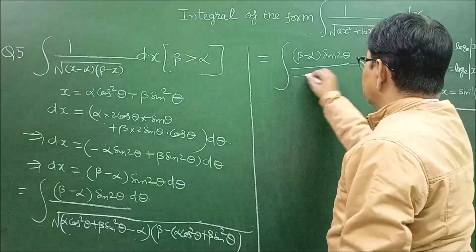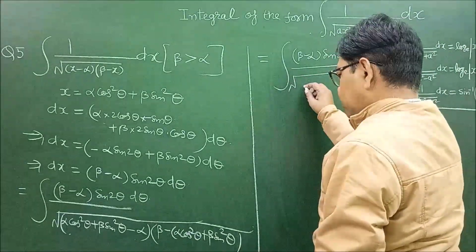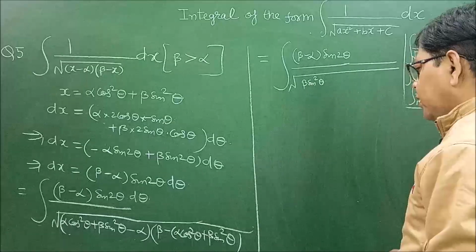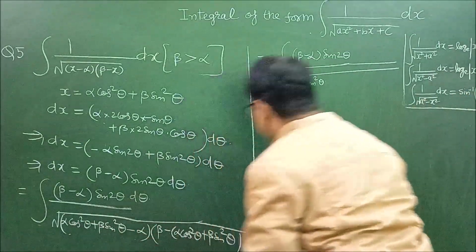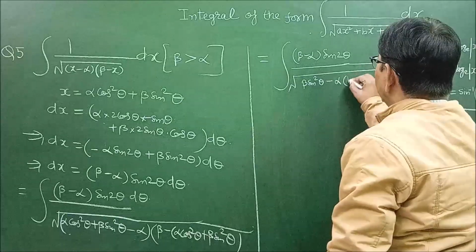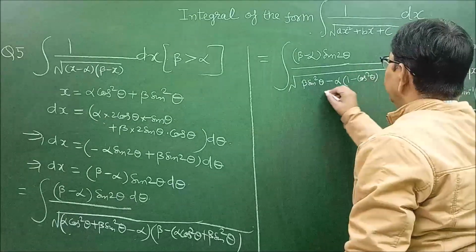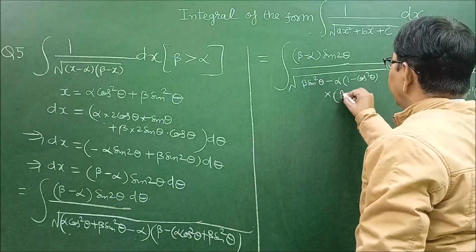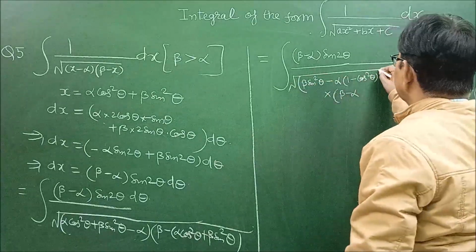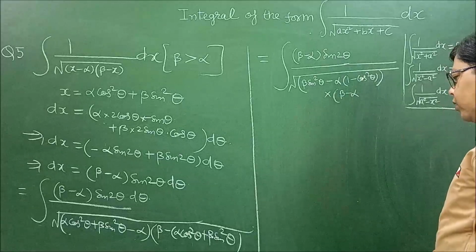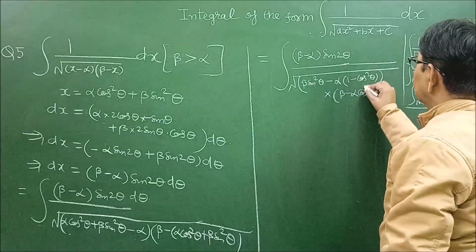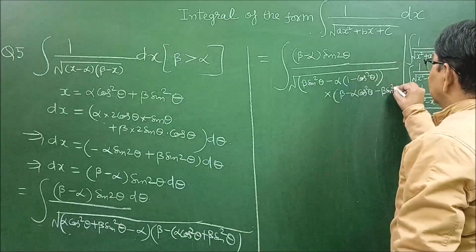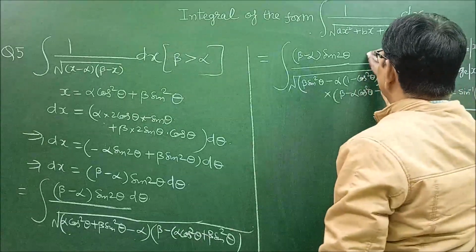So we can write this as the square root of beta sin squared theta plus, taking minus alpha common, minus alpha into (1 minus cos squared theta) in the other bracket, beta minus alpha cos squared theta minus beta sin squared theta, d theta.